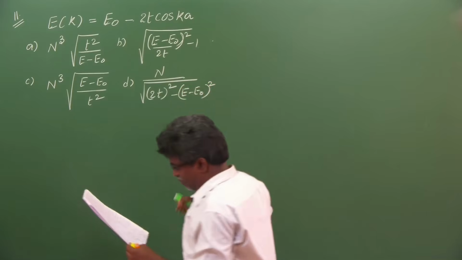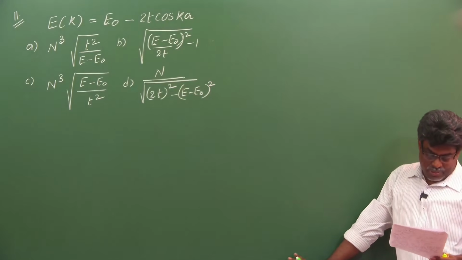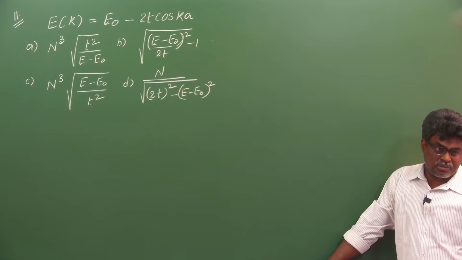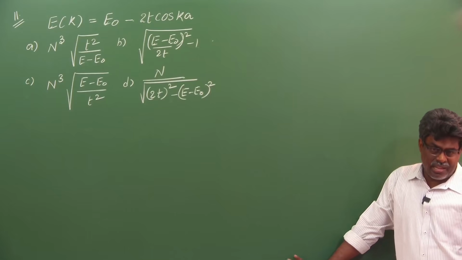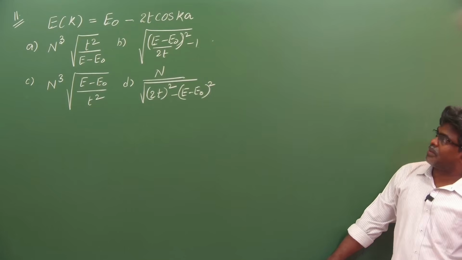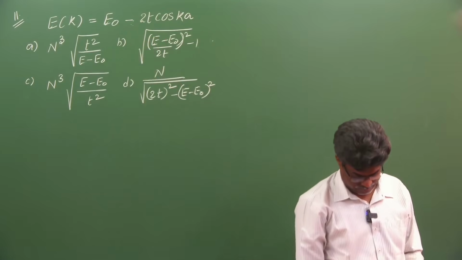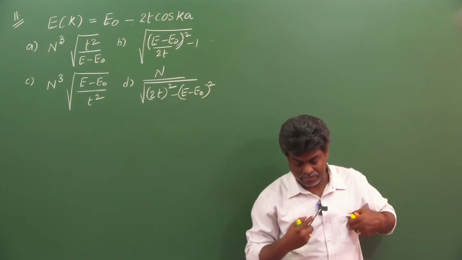I will wait for 2 minutes because this is the last question. Let us see how many of you will do. So it's one dimension. First you have to write N. How you find the density of states was derived, you remember. Once you got N, dn is in terms of dk, and here you have to substitute dk. For substituting dk, he has given something.